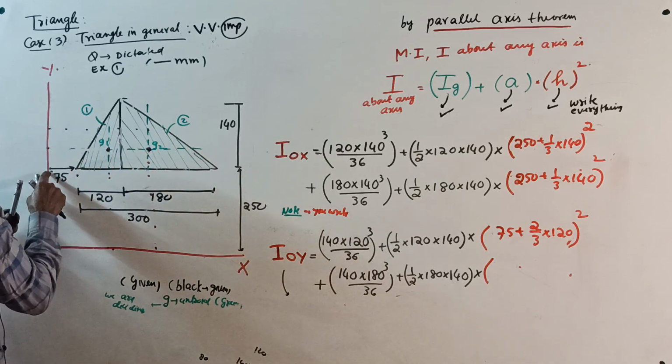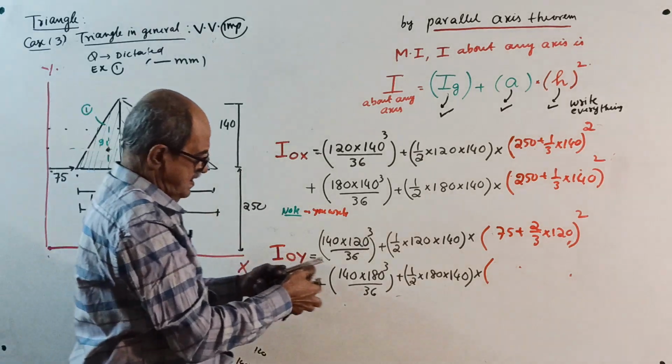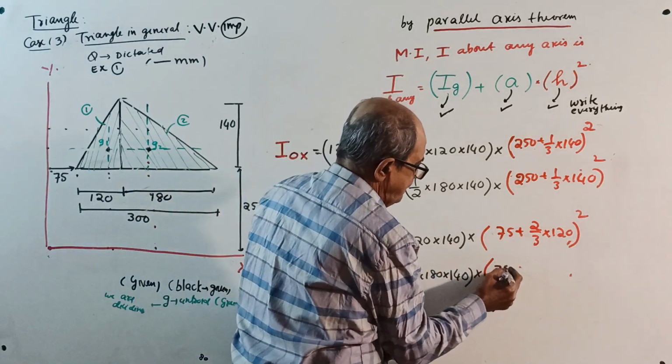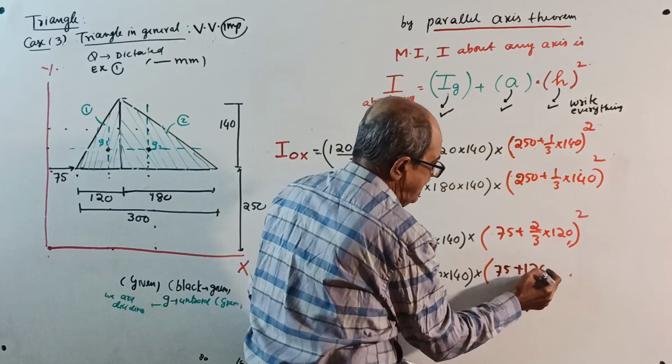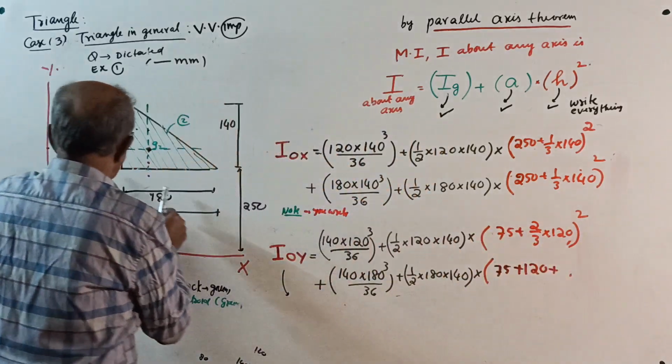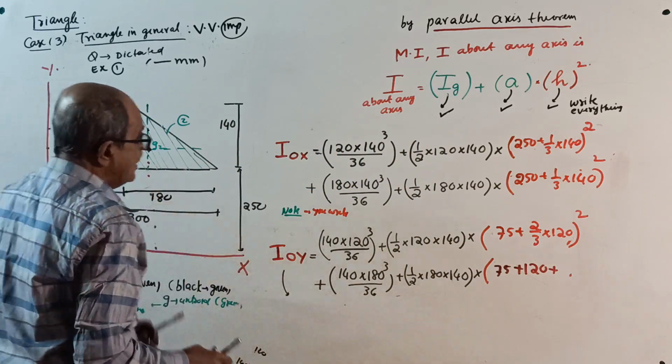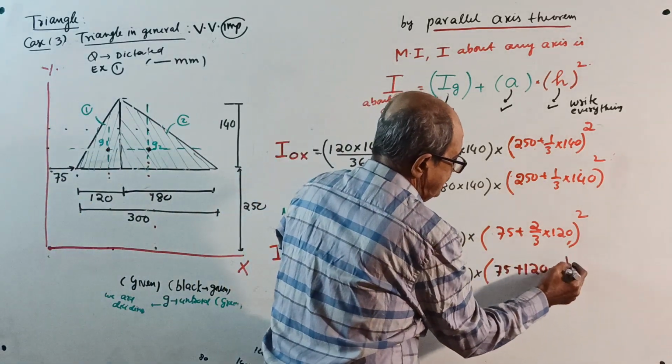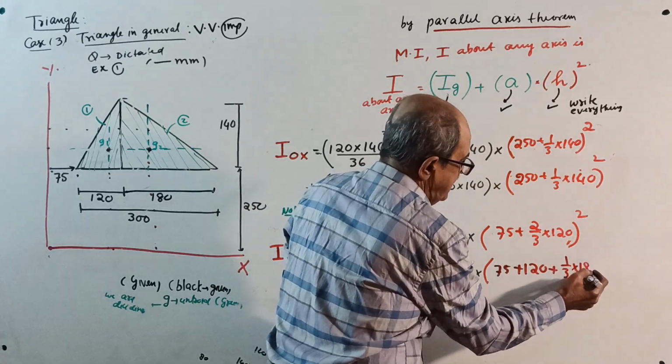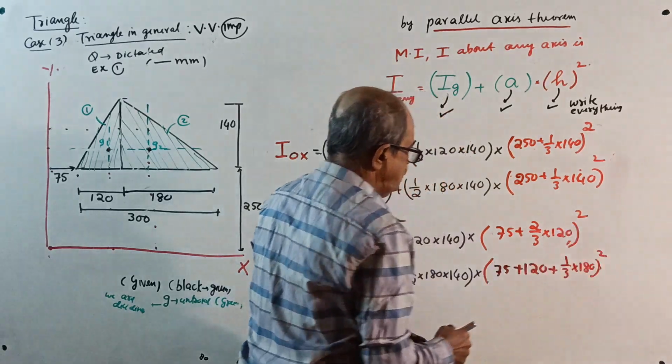That is 75 plus 120, you should be careful, 75 plus 120 plus another, this distance is 1/3 of 180 plus 1/3 of 180 whole square, you get the answer.